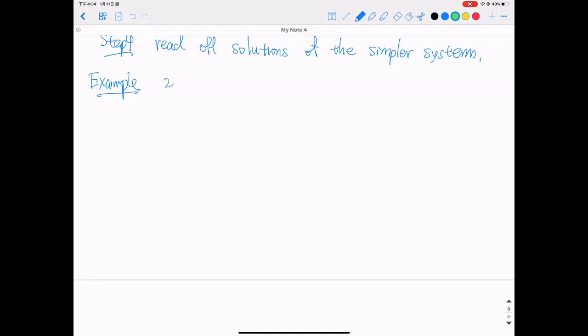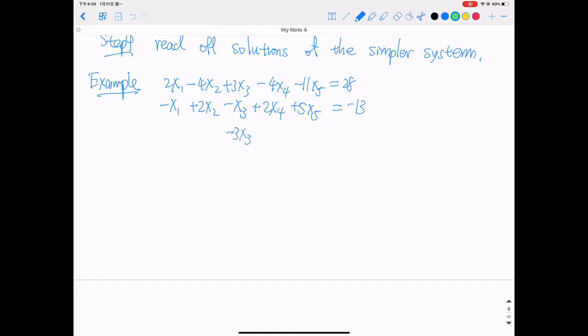So let's say you have in this example 2x1 minus 4x2 plus 3x3 minus 4x4 minus 11x5 equals 28, minus x1 plus 2x2 minus x3 plus 2x4 plus 5x5 equals minus 13, and minus 3x3 plus x4 plus 6x5 equals minus 10, 3x1 minus 6x2 plus 10x3 minus 8x4 minus 28x5 equals 61.